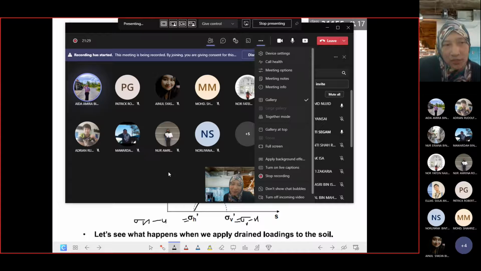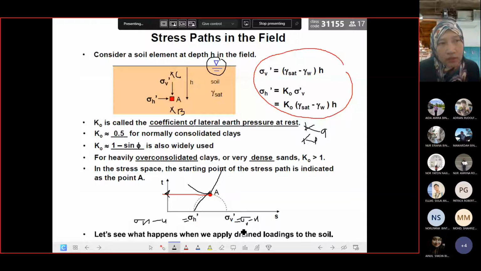answer. Pressure ni bila you kenakan, kemudian apa yang dialami oleh some mass, we call it as a stress. So maknanya dia ada some cross sections di mana tekanan tu you kenakan, dia menghasilkan tegasan. So for these conditions, in presenting the definitions of stress path in the field, you kena lihat kondisi di mana stress in the active ataupun passive or in the rest conditions.